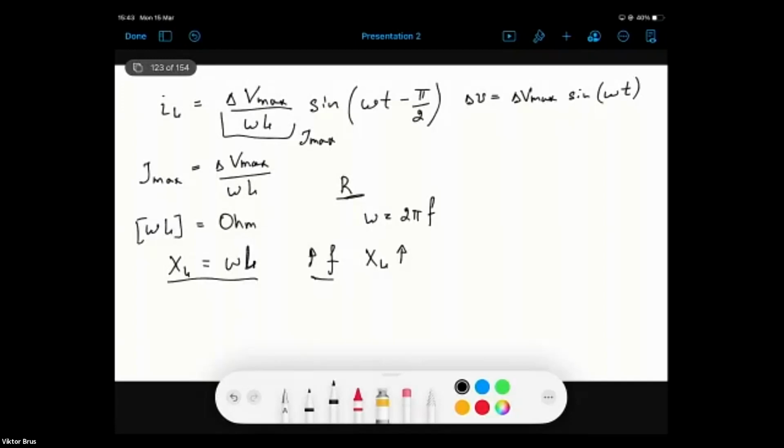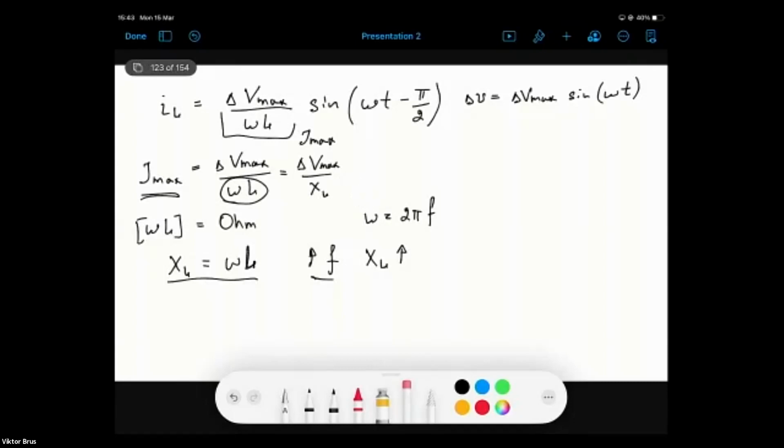That means we increase induced electromotive force, and induced electromotive force has larger influence on preventing charge transport in the circuit through the inductor. That's why we get larger inductive reactance, and as a result, we get smaller current flowing through the inductor, because this inductive reactance is in the denominator, V maximum divided by XL.